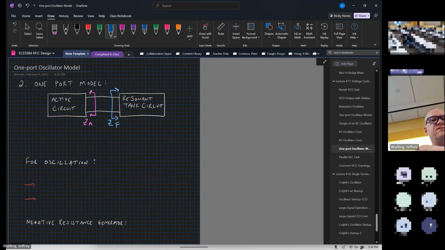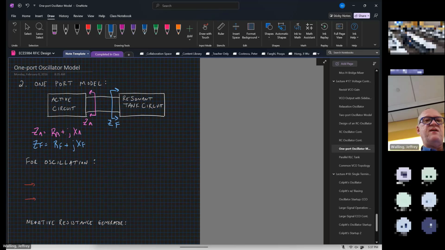These are complex impedances, so we can say that ZA is equal to RA plus JXA, and ZF is equal to some RF plus JXF. For oscillation to occur, we need ultimately the phases to cancel, or we need the phase of the active circuit to equal the phase of the passive circuit in magnitude, but opposite phase.